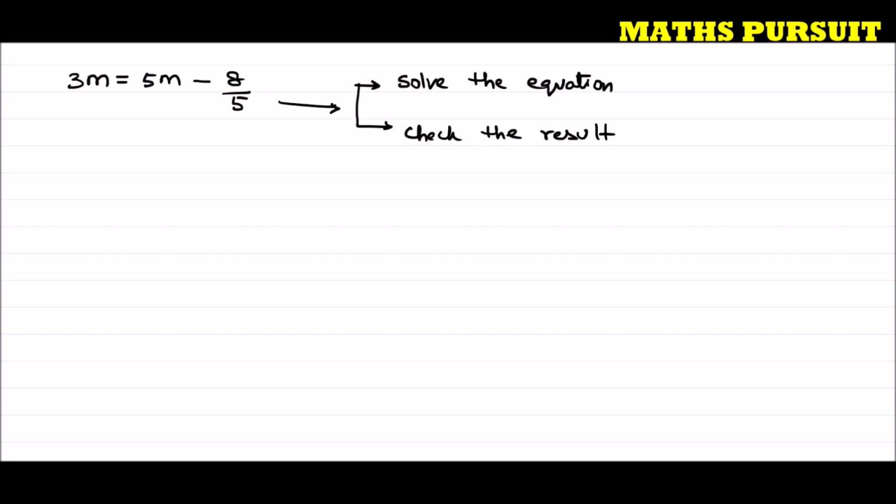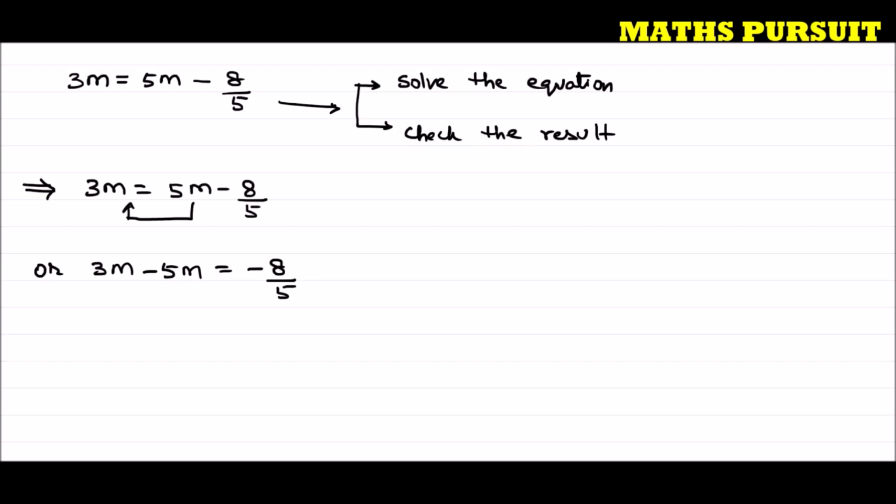Now let us see. The question has given us the equation 3m is equal to 5m minus 8 divided by 5. Or I can write 3m minus 5m is equal to minus 8 divided by 5, just moving this 5m from the right hand side to the left hand side.